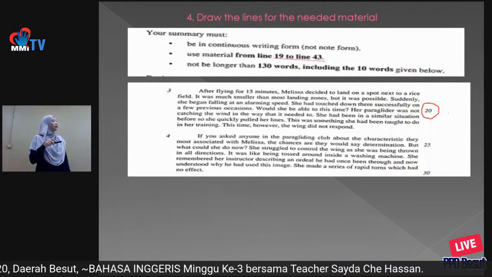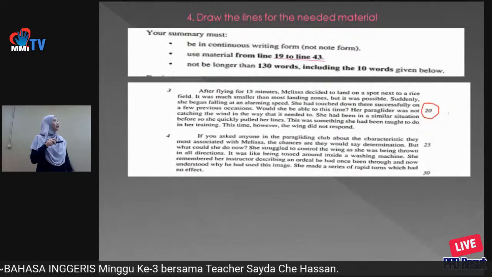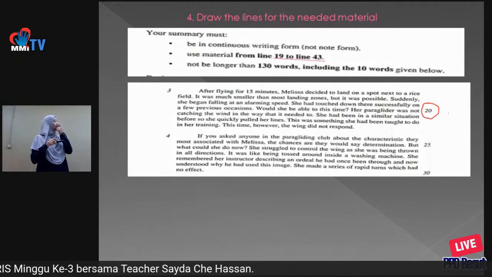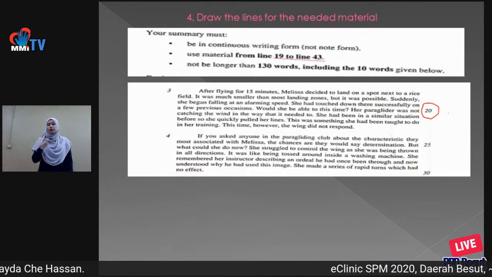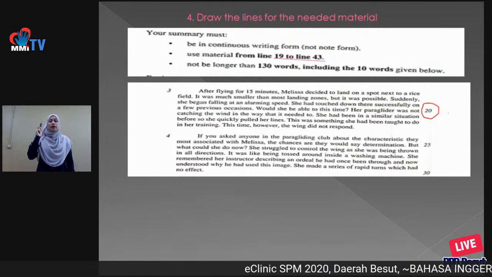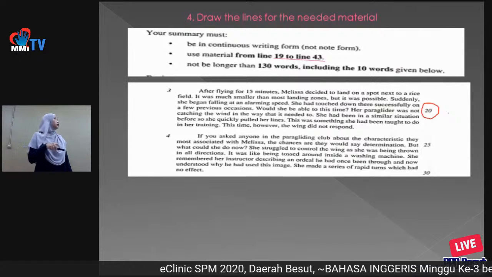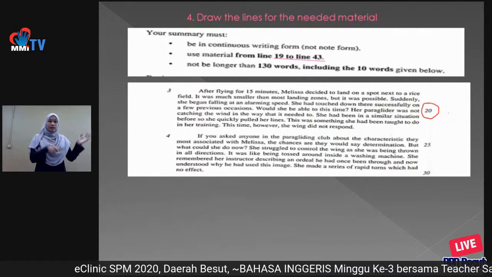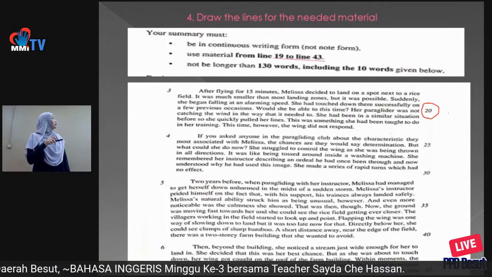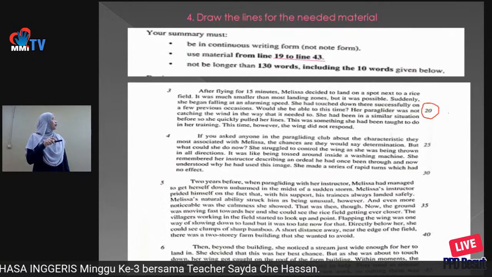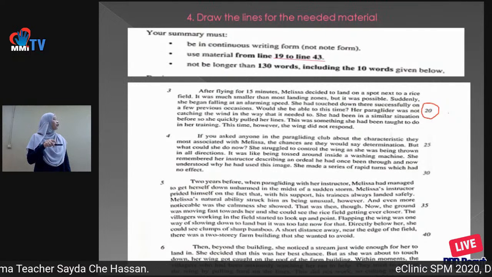You see this, 20 here, so 19 is above this. So line 1 to line 19 we don't use, to find the answer for the summary. We used that for the RC earlier. So until 43: looking at 20, 25, 30, 35, 40, 45.